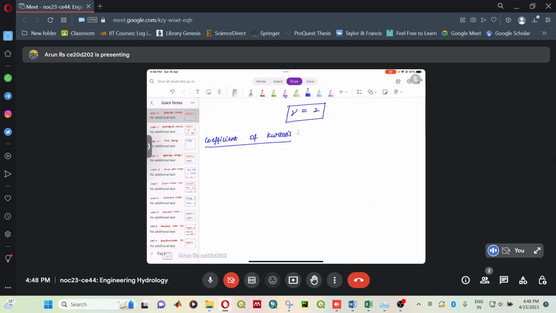So the coefficient of kurtosis is denoted by the symbol K, and it can be written as E of x minus mu the whole power 4 divided by sigma power 4. Now we need to estimate what is E of x minus mu the whole power 4. So similar to E of x minus mu the whole cube, we will expand x minus mu the whole power 4.